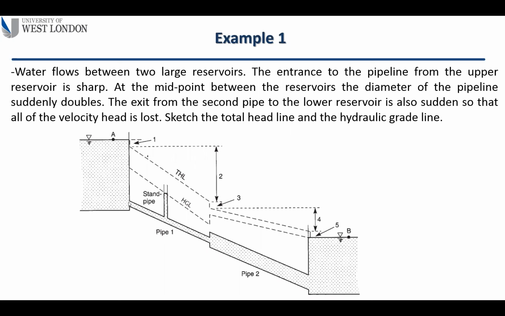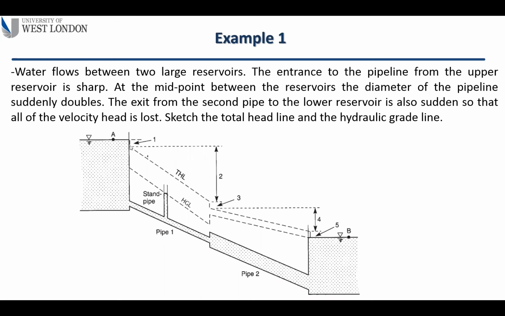Once the water enters the pipe, the first drop from the minor head loss happens. Because of that, we have a drop of head loss number one in the THL, the total energy headline, and you start from this point.